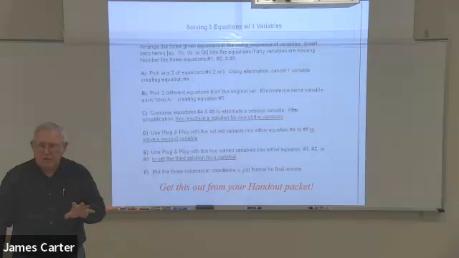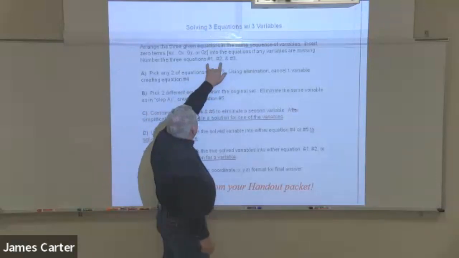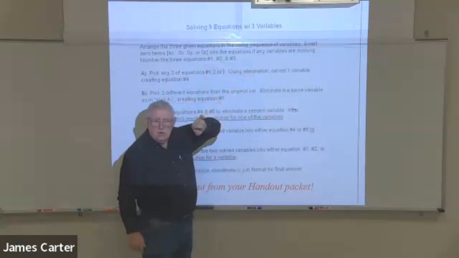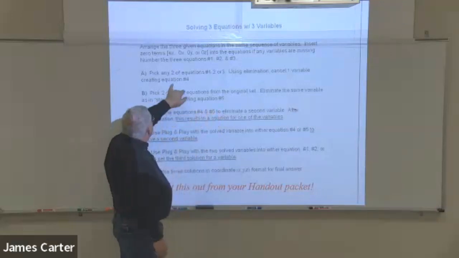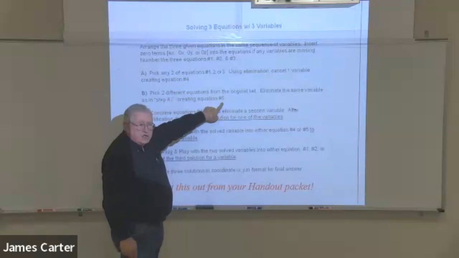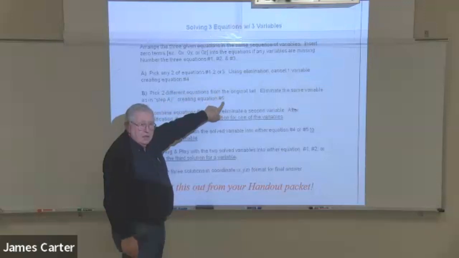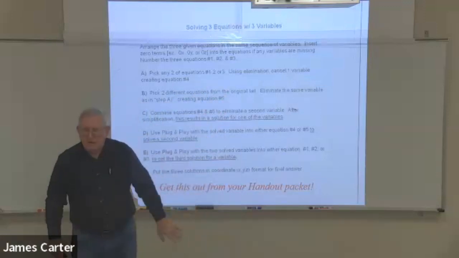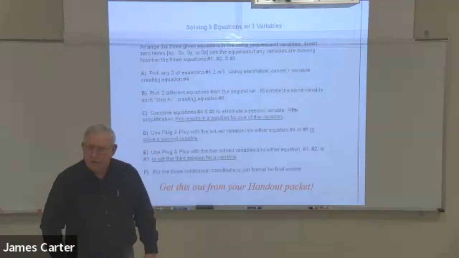I'm going to show you what the difference is, and it's very minor. Where I've got equation 1, 2, and 3 that you start with, they call them A, B, and C. When I say here, you're going to create equation 4 and create equation 5, they call them equation D and E. That's the only difference between my set of instructions and the way my slides are going to show it. Okay?